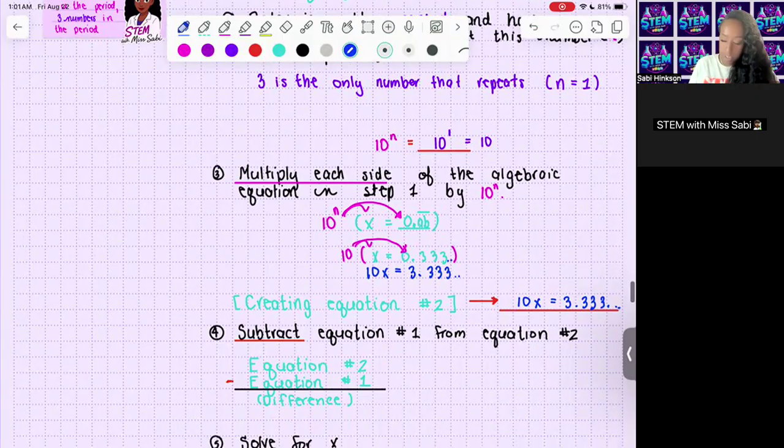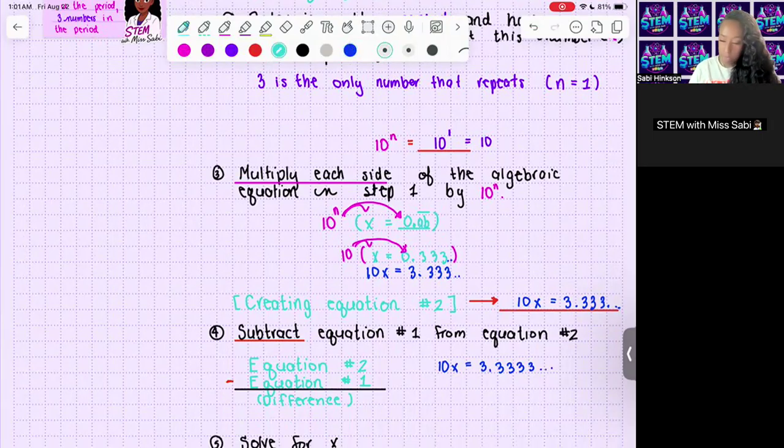Step 3, we're going to subtract equation number 1 from equation number 2. Equation number 2 is 10x equals 3.333 and it goes on.